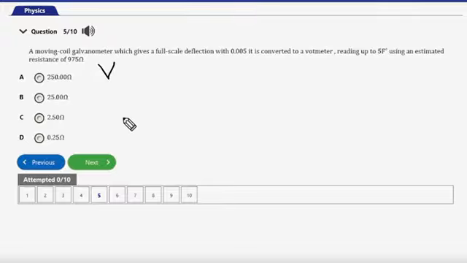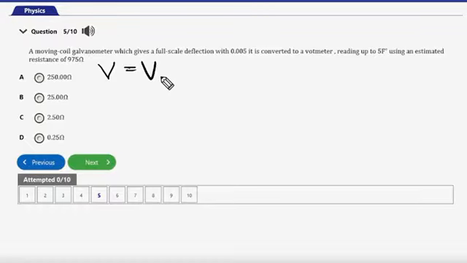The multiplier here is a high value resistance. So let's take note that this connection will always be in series. So since it's in series, the voltage across this will be the sum of the individual voltages.